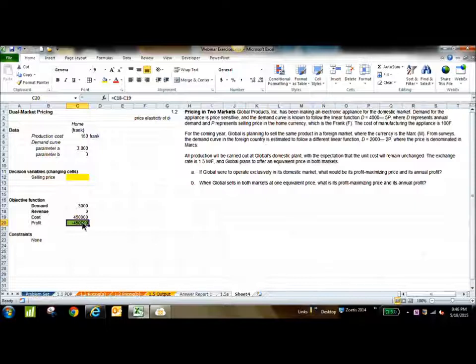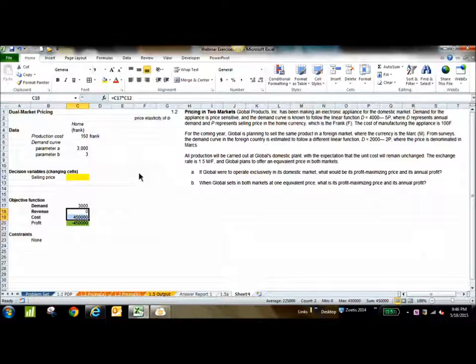You can embed everything within this formula without having to do all these calculations. You can create a huge formula altogether, put in revenue here, then minus cost here, all together in one formula. But I like to put it in this fashion so I make my model clear, because there are some models that will take a lot of different variables. So you want to simplify it as much as you can.